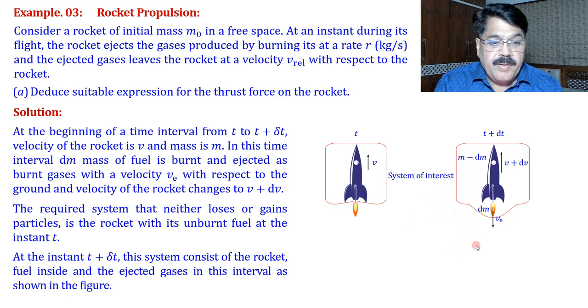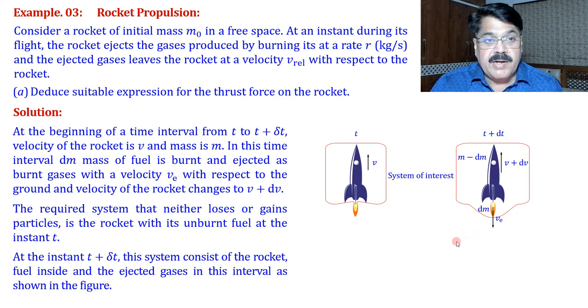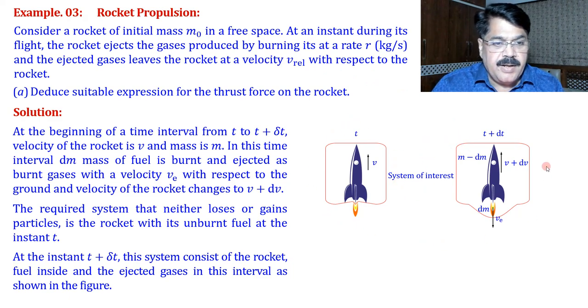I'll again say why we have written this velocity with respect to ground: because we have to apply the method of impulse momentum, or the momentum method. For that, we choose the reference frame of the free space, in which the velocity of the rocket is to be found. And notice that there are no external forces on the system, so the momentum of the system will remain conserved.